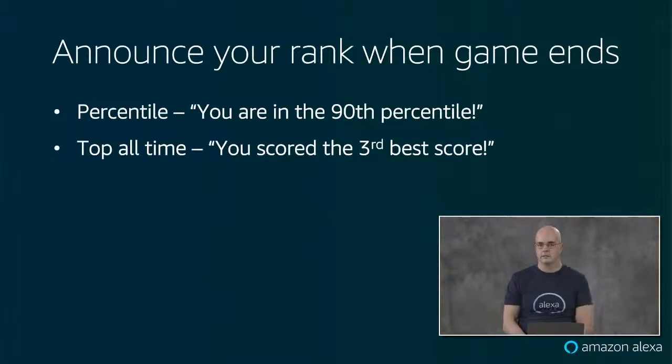And the Jeopardy skill does this. You answered 5 out of 6 questions correct. That puts you in the 90th percentile. Congratulations. Or maybe you got the top score of all time or the top score of this month. So using a database in the back end, as this skill does, you'll be able to track a history of all the scores and then use that to tell the user how they did in context to everybody else.